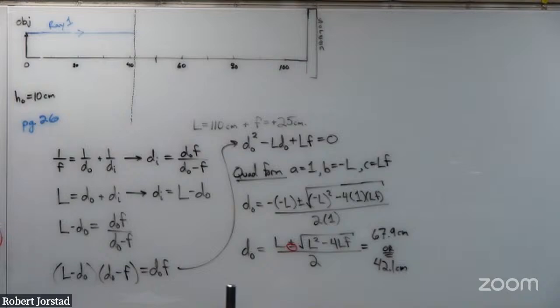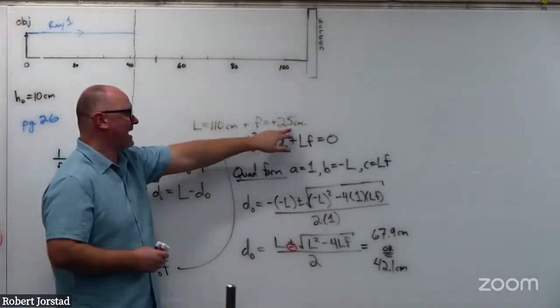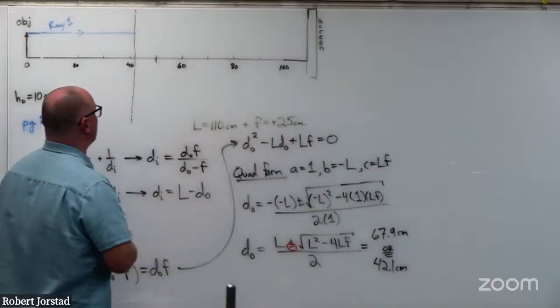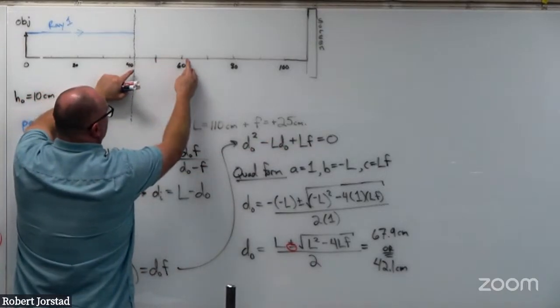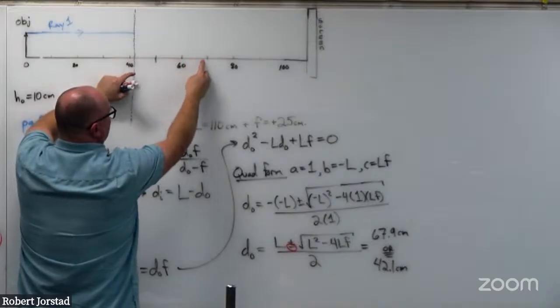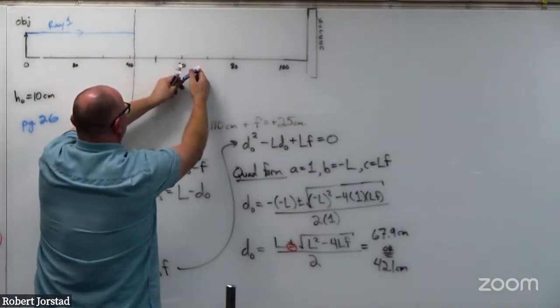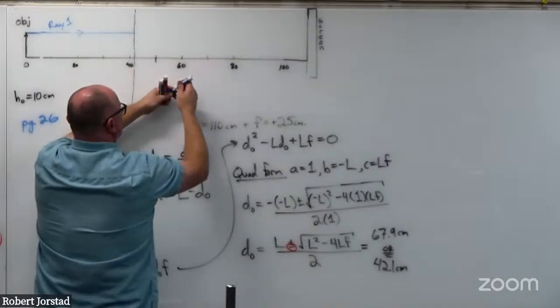All right, and now it has to go out to the focal point. So in parallel to the optic axis, out to the focal point. Well, where is the focal point? 25 centimeters away. So we've got to be a little bit careful here. So there's 10, 20, 5. Oops.